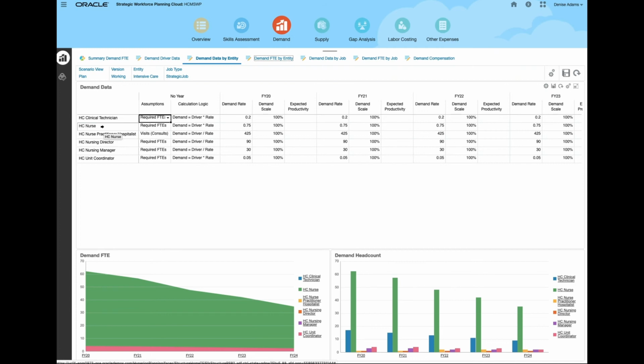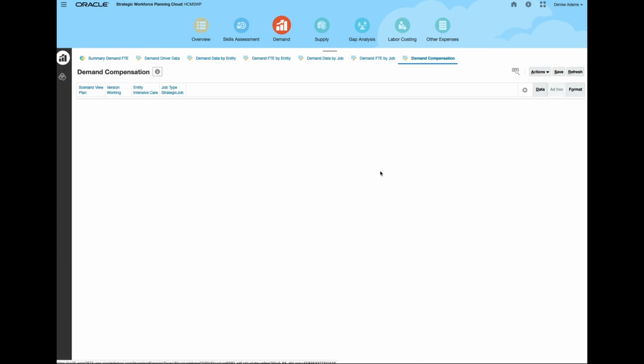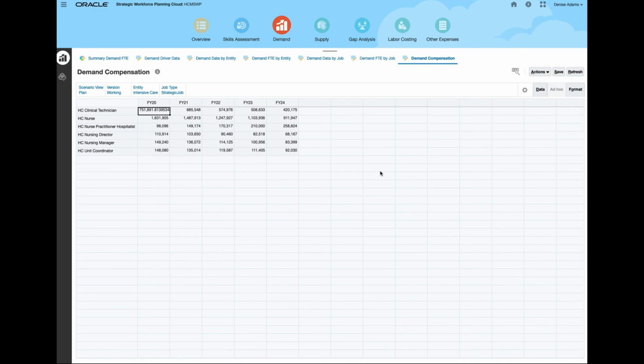However, that's of course offset by the fact that more highly qualified and more highly experienced nurses are typically going to cost me more. So that's where we come into the demand compensation, and we might start to say, well, actually, I could increase the number of my nurse practitioners and lower the number of nurses, but would that actually have an impact across there? So automation can help in a number of ways, but I always want to map that off against what that's going to potentially give me on the cost side of it.